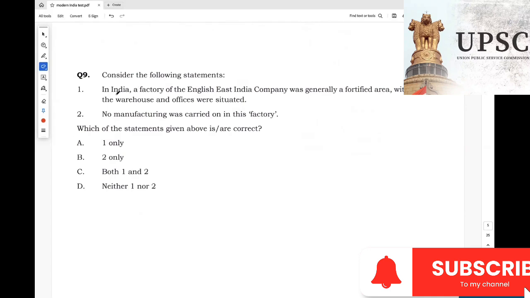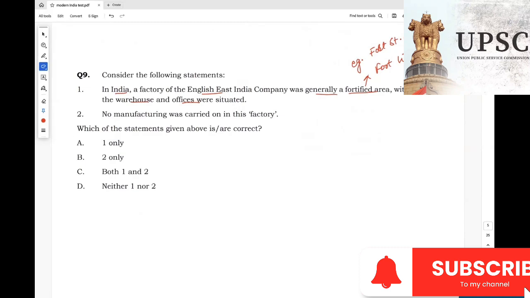In India, a factory of the English East India Company was generally a fortified area with which warehouses or the offices were situated. Yes, I have many examples. Example, Fort Saint George, Fort William.